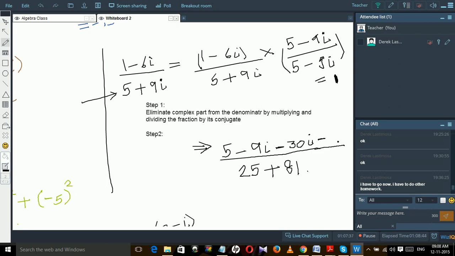In the numerator I will write 5 minus 9i minus 30i, and minus minus is plus, so I'm already using the value of i squared, so I'll write 54.